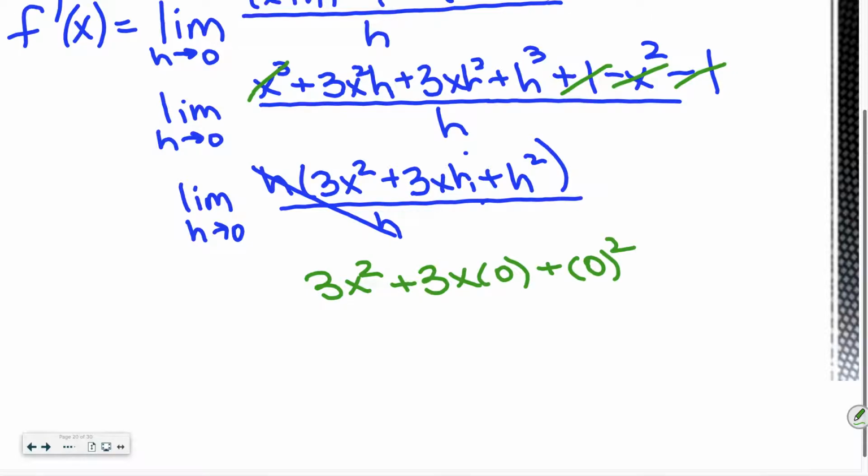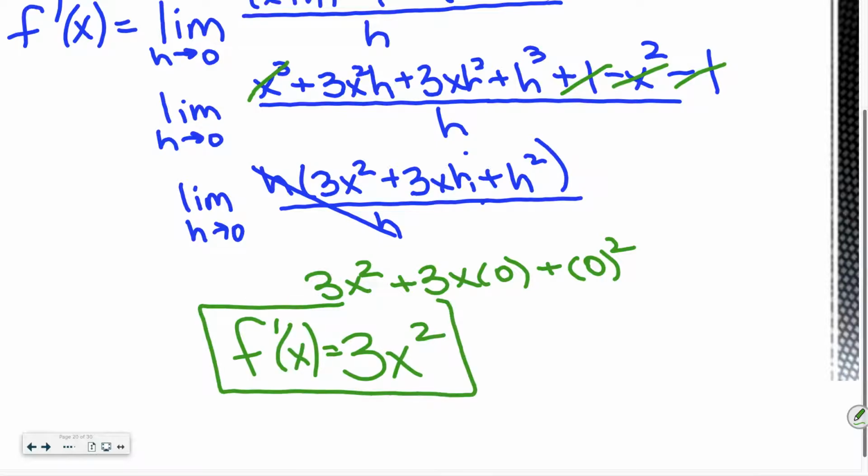I no longer need to write the limit because we have now evaluated it. We get our limit to be 3x squared. So we describe our derivative to be 3x squared.